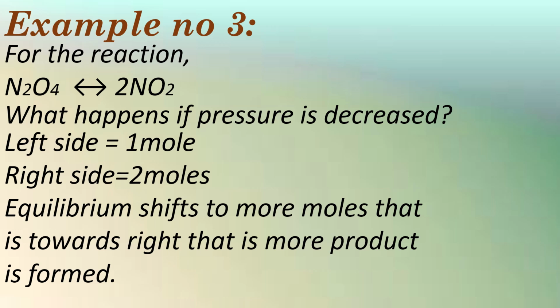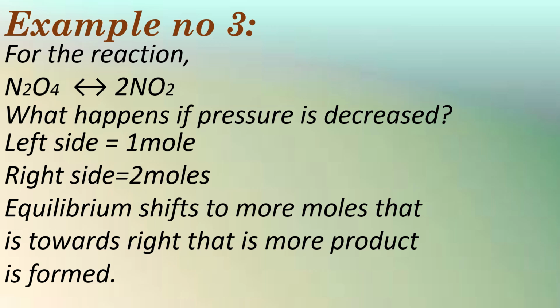So I already told you that if pressure is increased, volume decreases. If pressure is decreased, volume increases. On left side, there is 1 mole of reactant. On right side, there are 2 moles of product. If we decrease pressure, that means volume must increase.